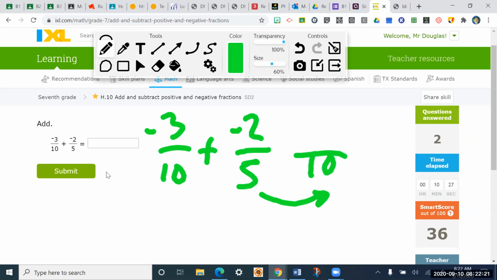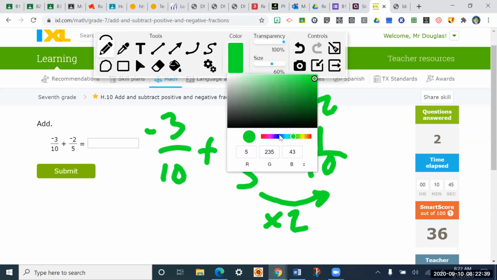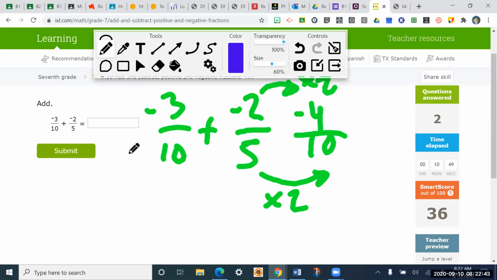I got to have the same denominator. So to get to a 10 on the bottom, before I can add or subtract any fractions, I have to go times 2. I'm making the balloon 2 times bigger. Okay, so negative 2 times 2. 2 times 2 is 4, but it's going to be a negative 4/10. Okay, now I'm going to switch colors and rewrite that just so I can see it a little better. I will scroll.